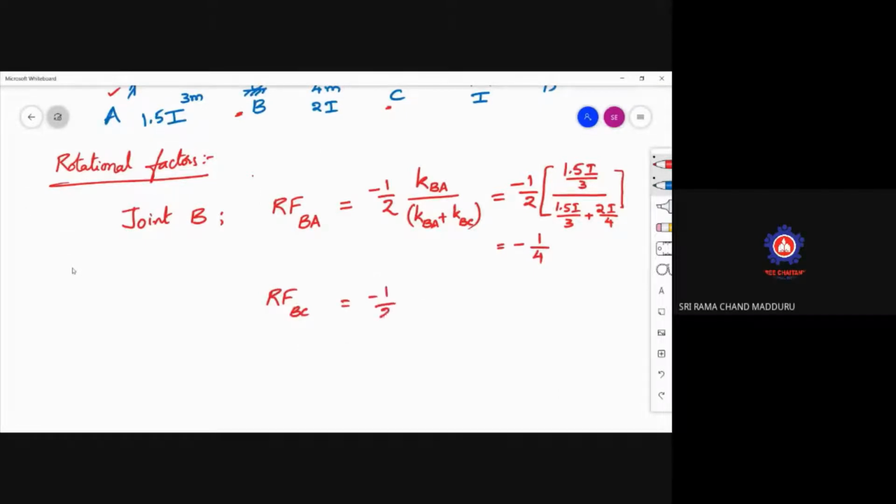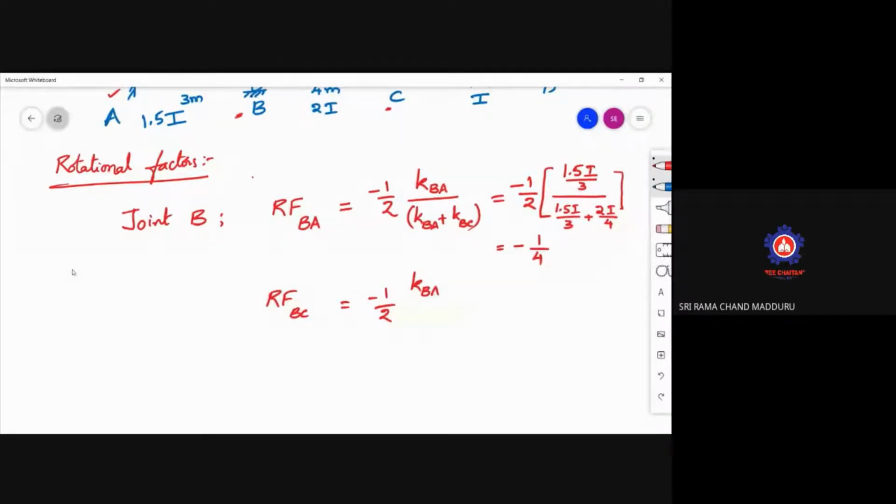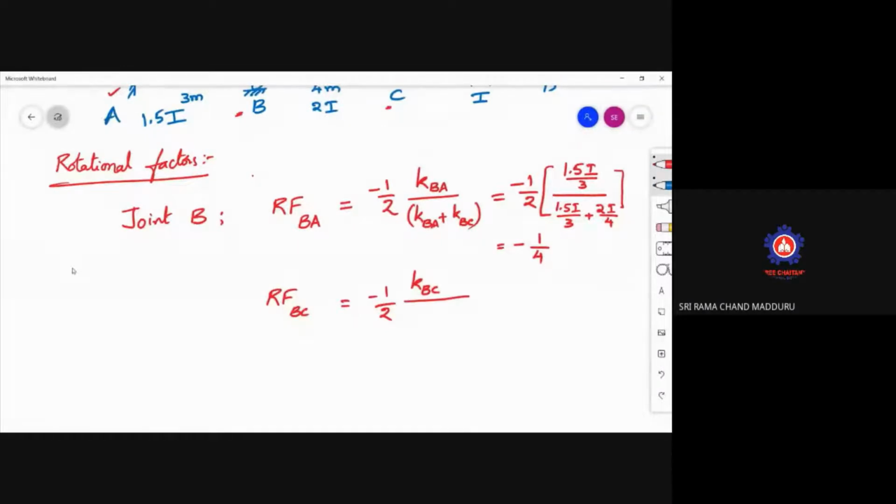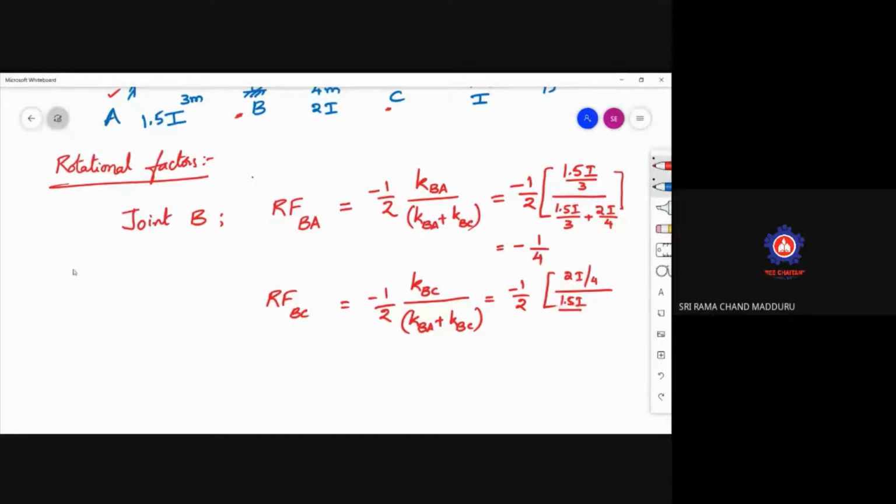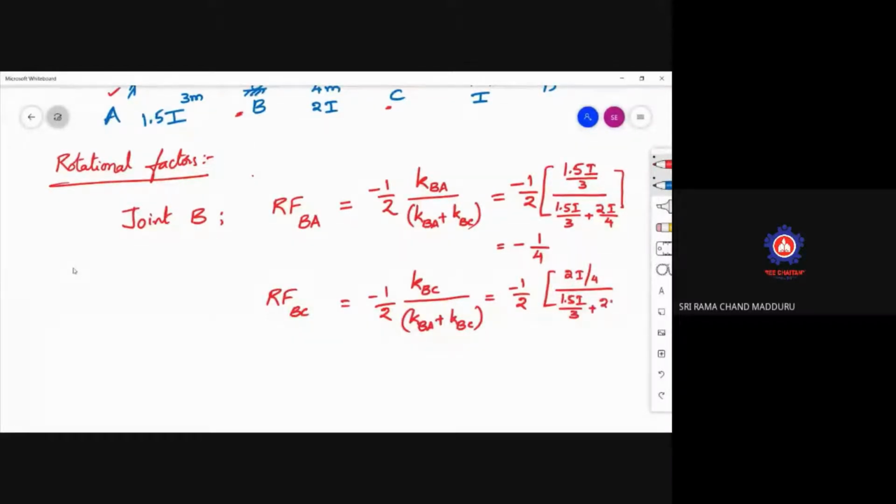which is minus half of KBC by KBA plus KBC. Minus half of KBC, which is 2I by 4, over 1.5 I by 3 plus 2I by 4.